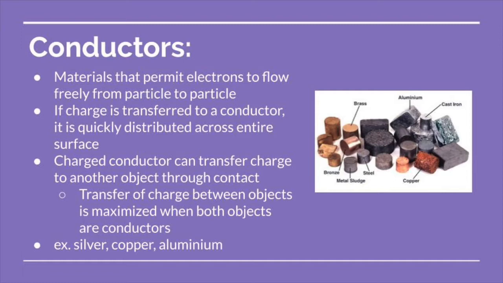So if we have a conductor, an object that is made of a conducting material, and a charge is transferred to that object, then this charge is going to be rapidly distributed across the entire surface of that object. And a charged conductor can actually transfer charge to another object through contact.